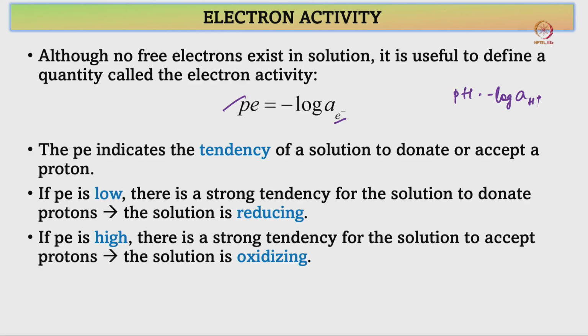If the pe is low, the solution is reducing. If the pe is high, there is a strong tendency for the solution to accept electrons and the solution is oxidizing. So, high pe is a more oxidizing solution, low pe means the solution is reducing in nature.